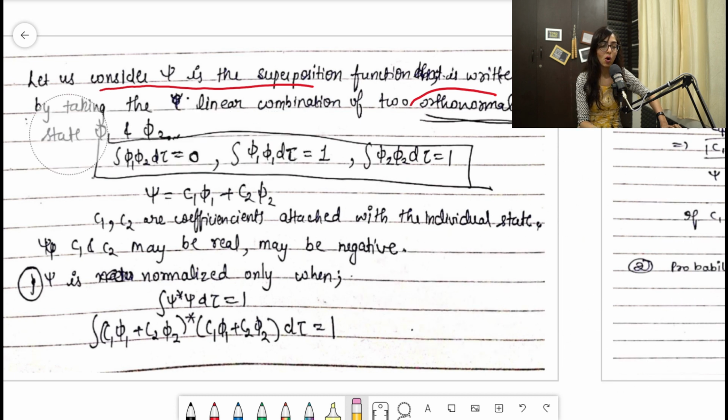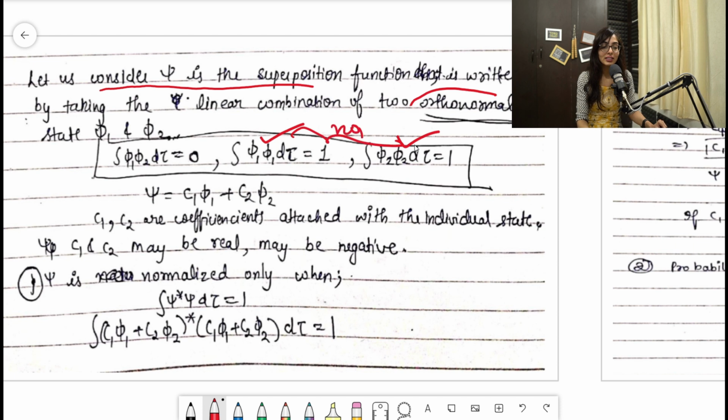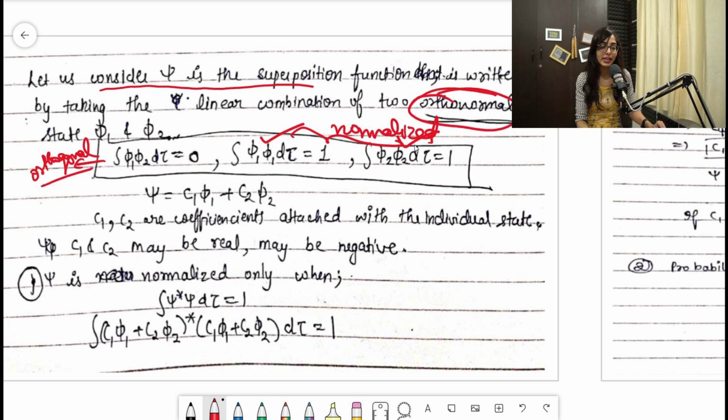You can see in this box that phi1 squared d tau is 1, and for the other state, phi2 squared d tau is 1. I'm so sorry, I take my words back. Clear? These are normalized, and this is orthogonal, and if both conditions are there, orthogonal and normalized, we will call it orthonormal. That means they are orthonormal.